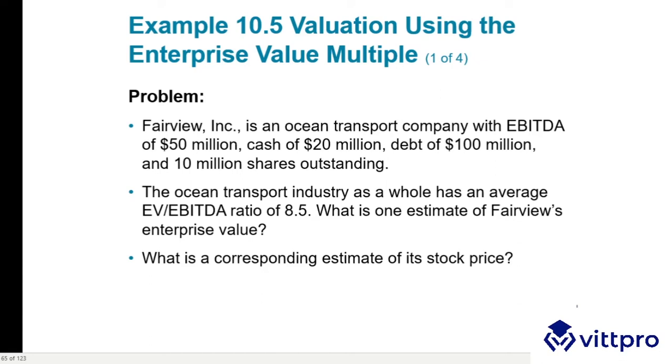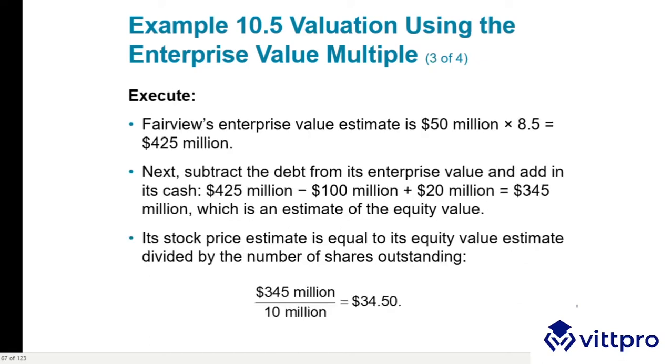The way to calculate would be 8.5 multiplied by the EBITDA, which is 50 million, and then you will add the cash and subtract the debt. To get the equity value for the shareholders, you add the cash and minus the debt, and divide by the 10 million shares. So that's how you get the enterprise value, and that's how you get the stock price.